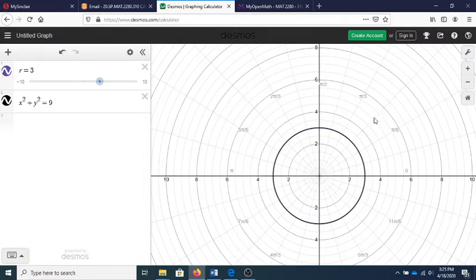But of course, if r can be anything, r could also be negative, which means I could also be on the radial line that's 180 degrees off from theta equals pi over 4. So what that gives me is an entire line running through the origin. And that's what any equation of the form theta equals something is. It's the equation of a line running through the origin.